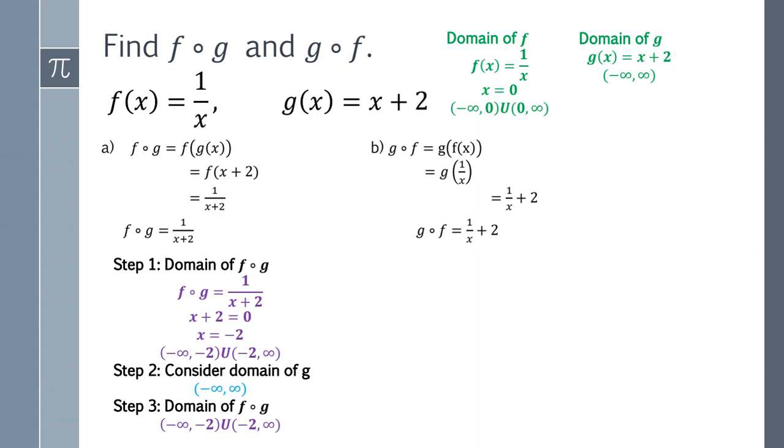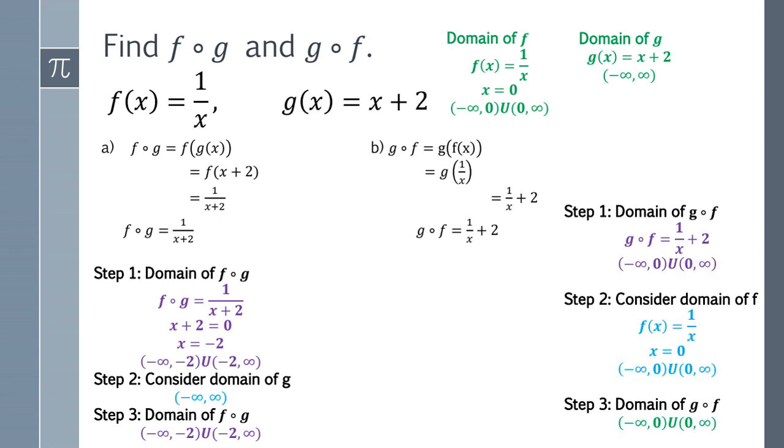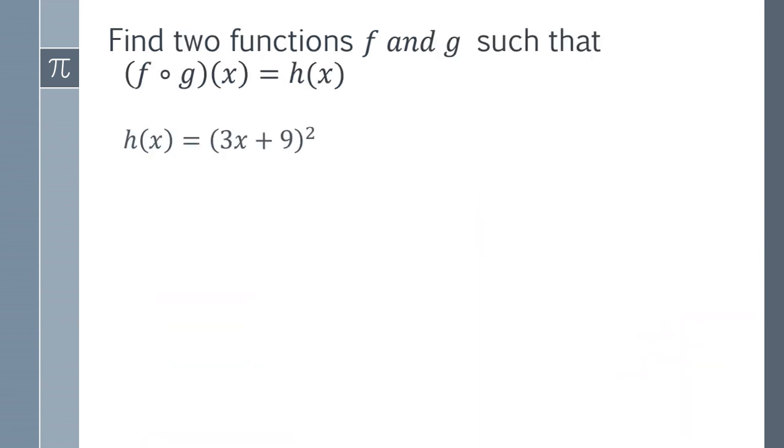All right, so let's go ahead and look at finding two functions f and g such that f composed of g equals h of x. Here we have h of x is equal to 3x plus 9 squared. What they're asking us to do here is work backwards. They gave us the composite function, and we want to separate it into two individual functions, so we want to get f and g.